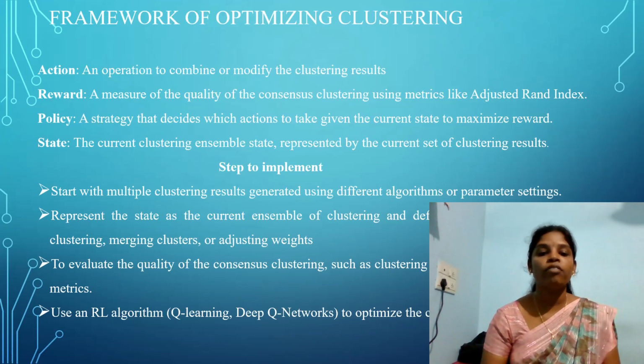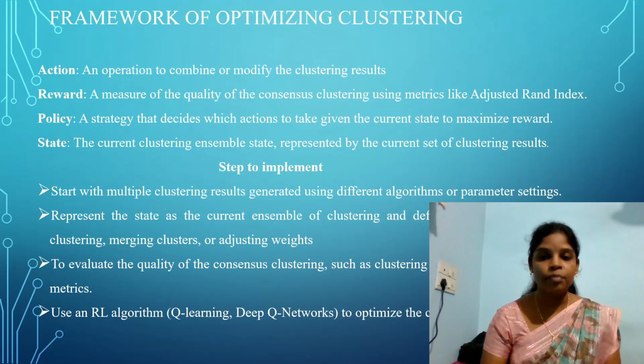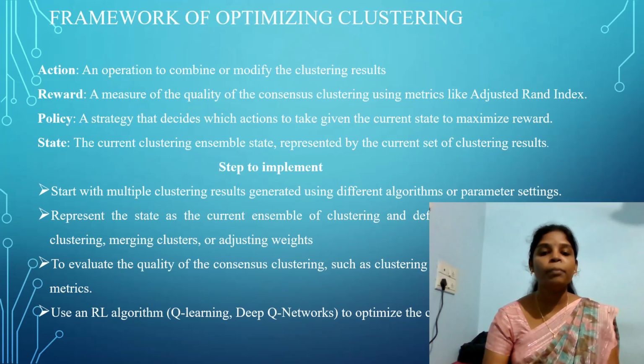Evaluate the quality of the ensemble clustering using measures such as clustering accuracy and internal clustering metrics. Then use reinforcement learning algorithms, Q-learning and DQN, to optimize the consensus functions. So these are all the steps to implement optimizing clustering.